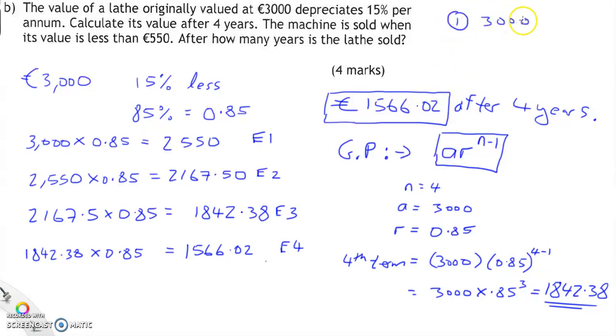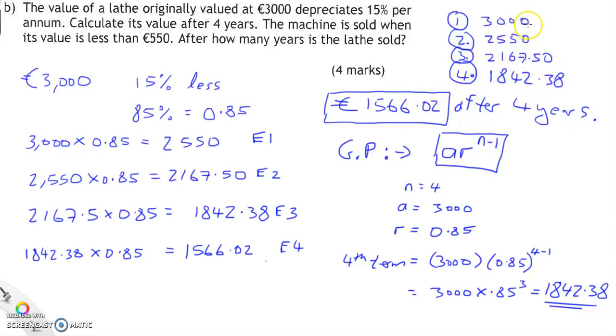So after 4 years, you see the first term is 3,000 euros. The second term, that's n equals 1, n equals 2, 3, 4. I'm confusing myself now. So it's 3,000, 2550, 2167.5, 1842.38.